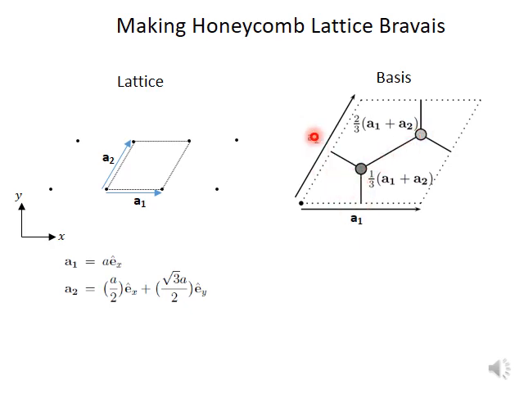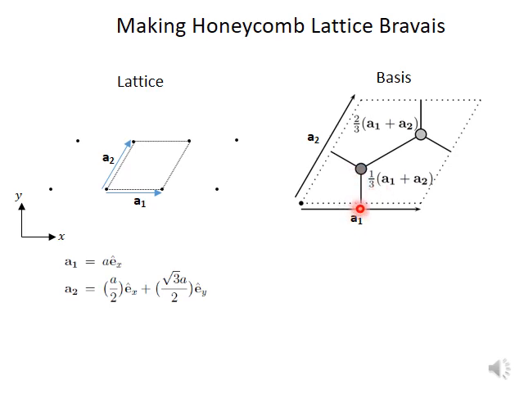Just to let you know, the difference in color of these circles is just for identification purposes. You can simply have both of them in black color. As you can see, this dark gray circle is 1/3 away from the reference along a1 and 1/3 along a2.